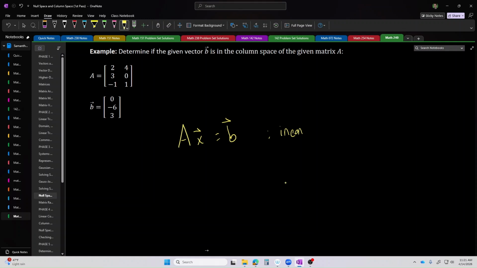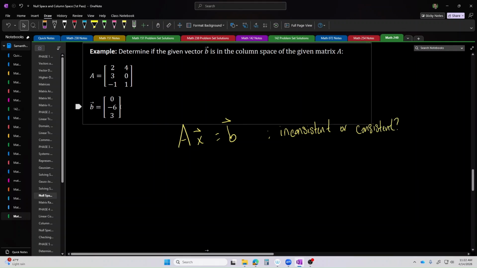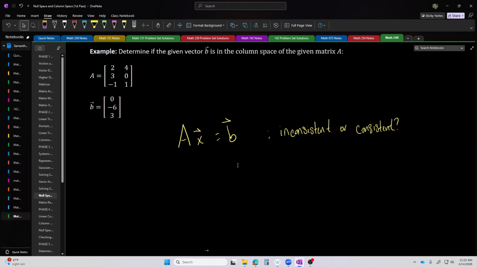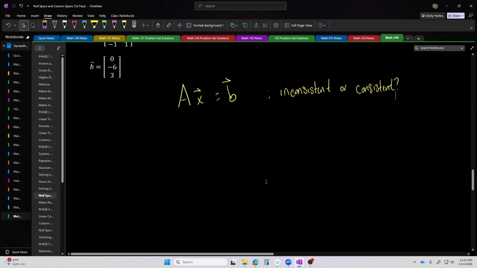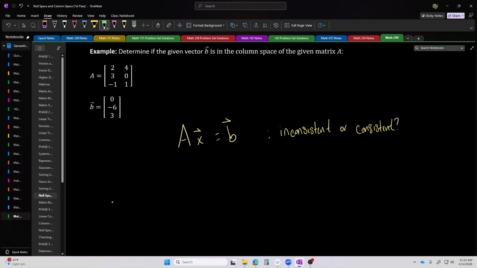Is it inconsistent, having no solutions, or is it consistent, having at least one solution? To answer this question, I could take the same approach that we've been using in the past several lessons of converting this equation into an augmented matrix, row reduce that matrix, and then inspect the result to see if the result would correspond to having a solution or not having a solution. So let's go ahead and convert this to an augmented matrix.